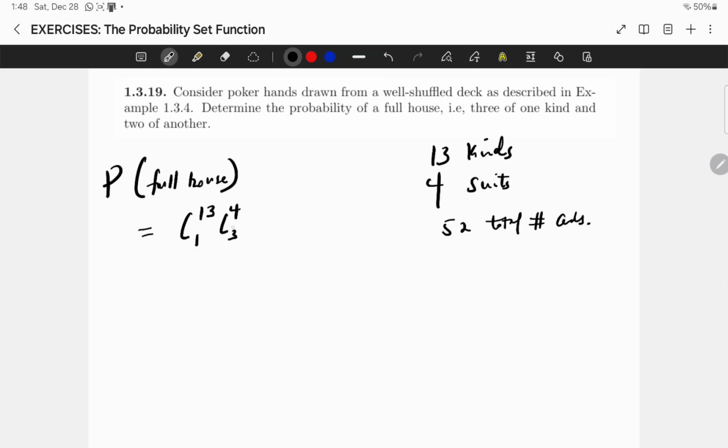So we pick 13 out of this, then we also pick, so we have 12 kinds left. Out of those 12 kinds we have to pick 2 of another. We pick out of those kinds, then we pick 4 choose 2.